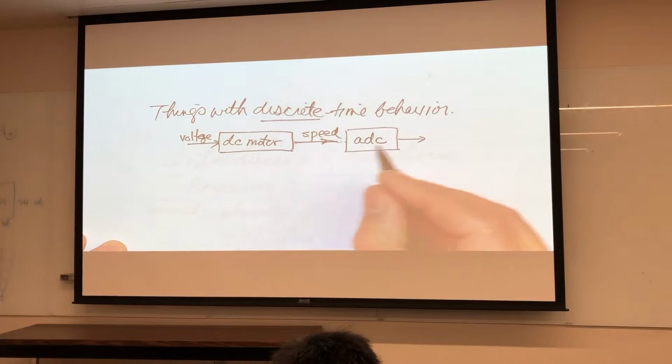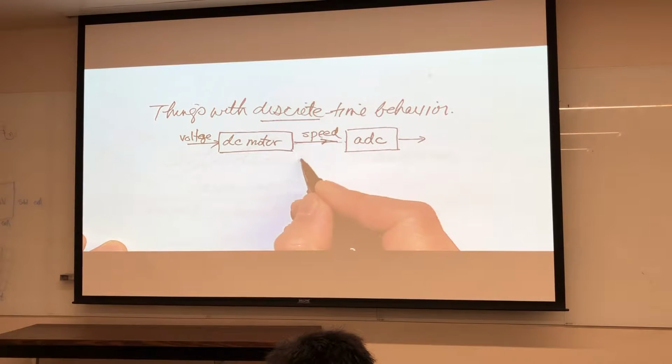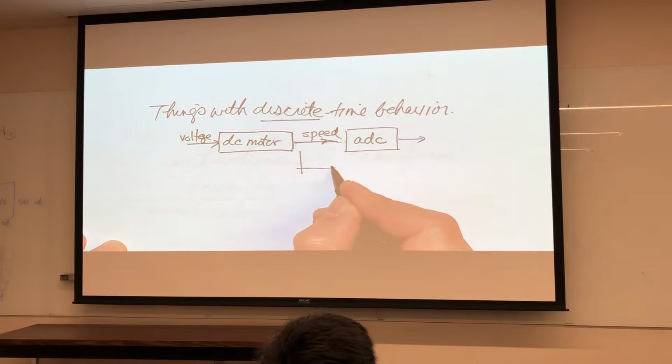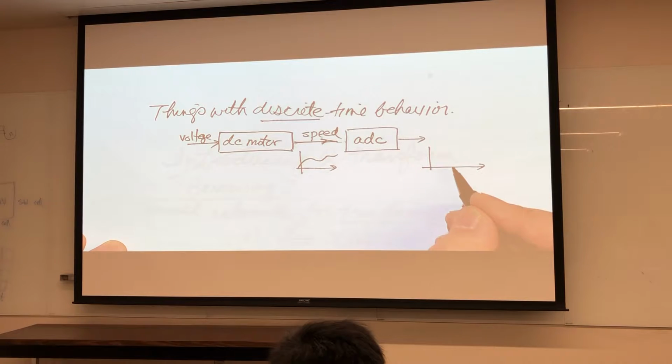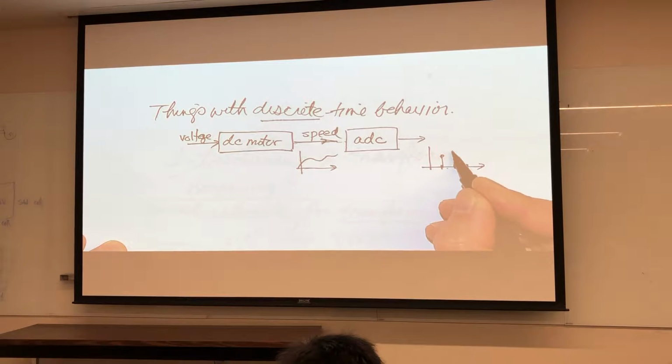This converts speed, which if we were to sketch it, maybe the speed in time exists continually like this. But what we do is we sample the information periodically, and so the information only appears in the computer at moments in time like this, which I will draw as little stems.